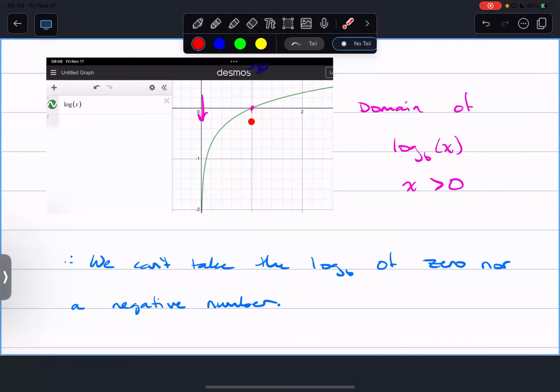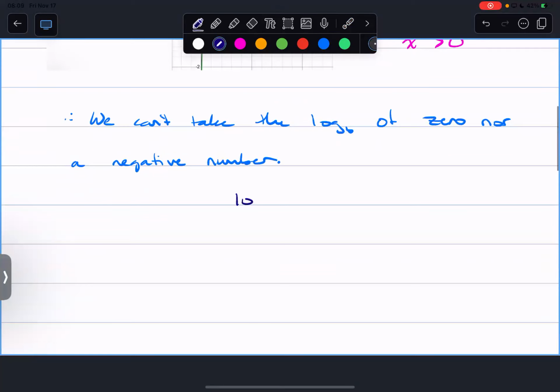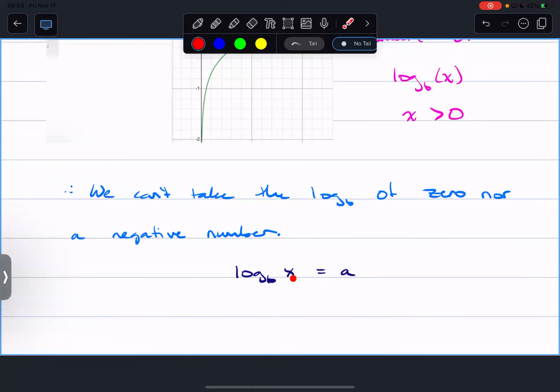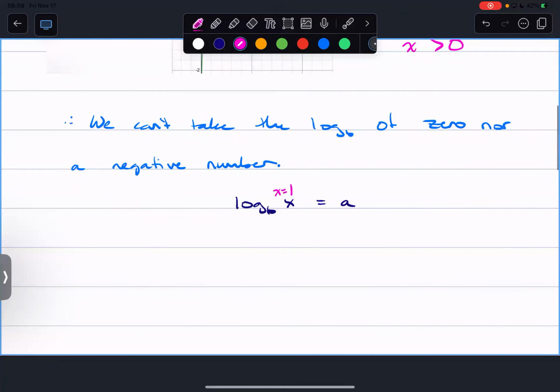Another fun fact is that the log of 1 is 0. If we think about the relationship between exponents and logs, which is that if I have the log base b of x is equal to a, and x is 1, then b to the power of a has to equal 1.